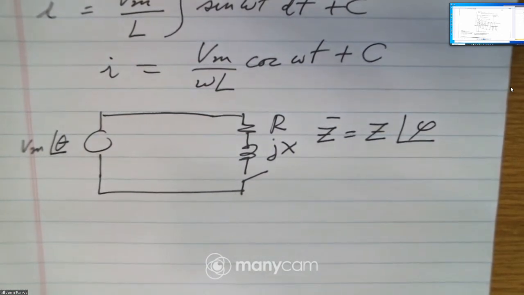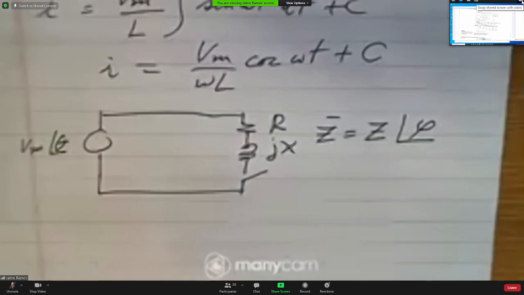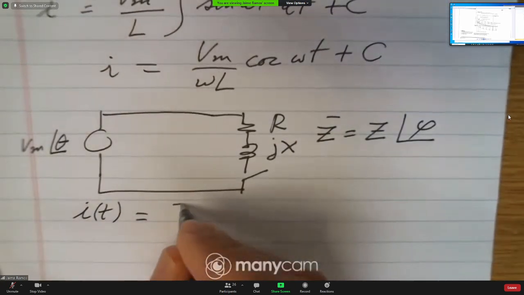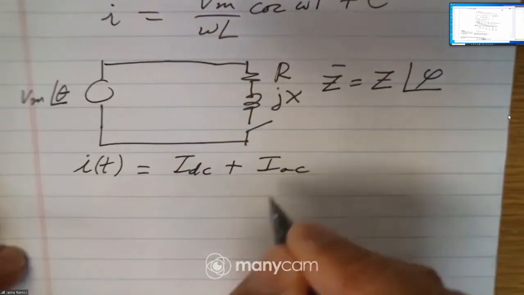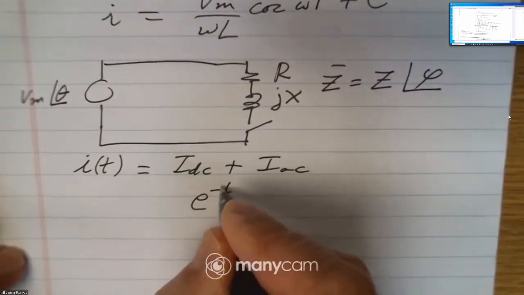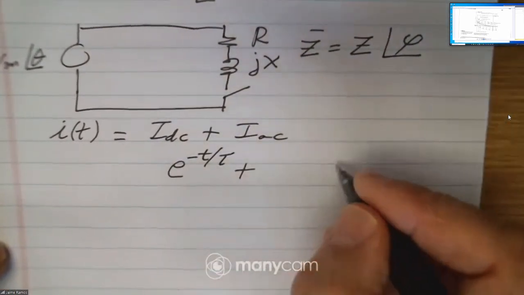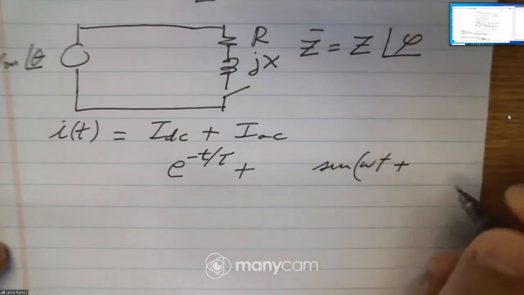So look, it says there is a DC component and an AC component. So now we calculate the current. So it says there is a DC plus an AC. Now the DC has a decay, and the AC has the sine omega t plus some angle here.